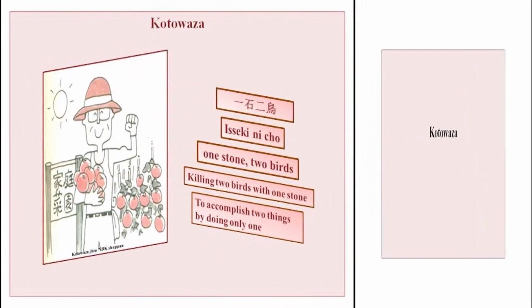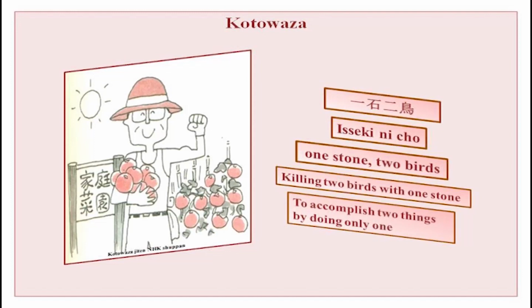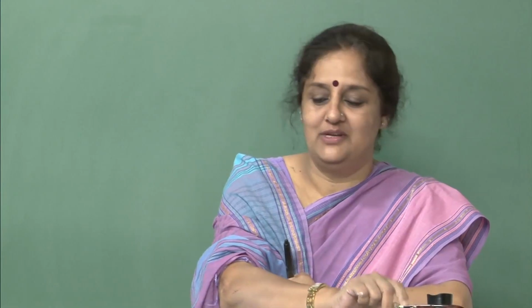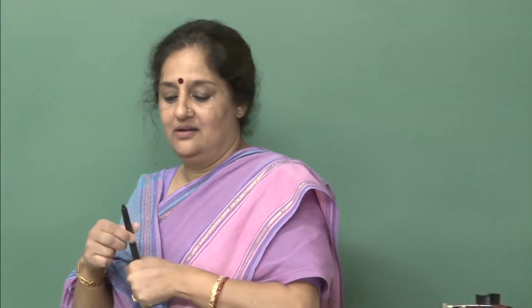Well, the first one is isseki nicho, as you can read over here, isseki nicho. One stone, two birds is the literal meaning of this kotowaza. Now, we have been talking about kotowaza all along. I have been telling you what kotowaza is.